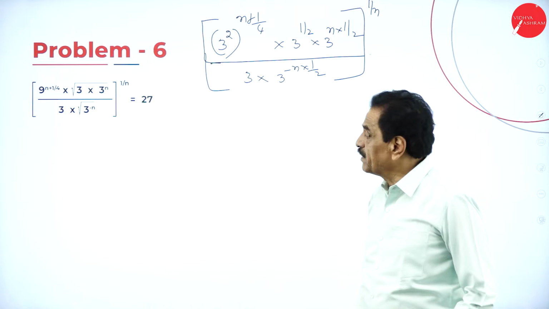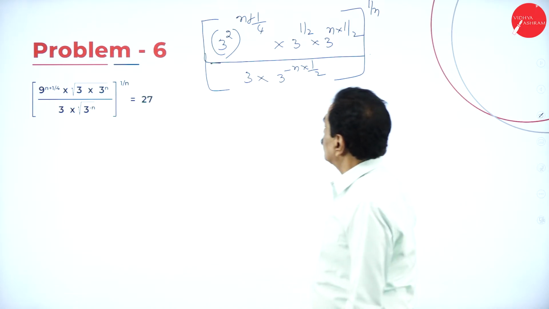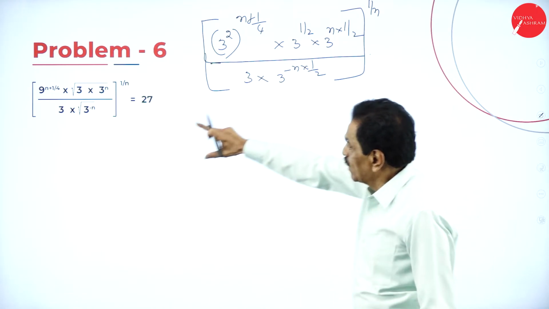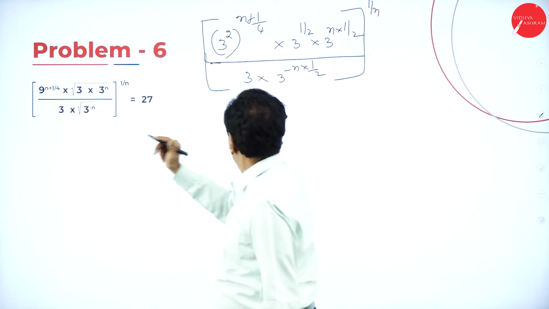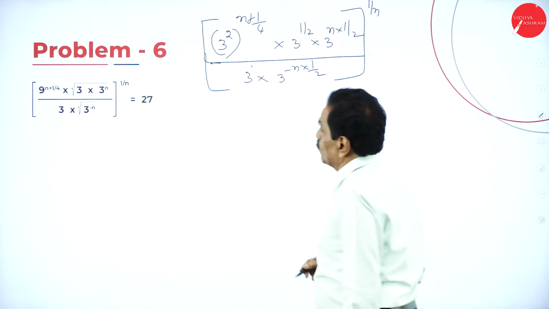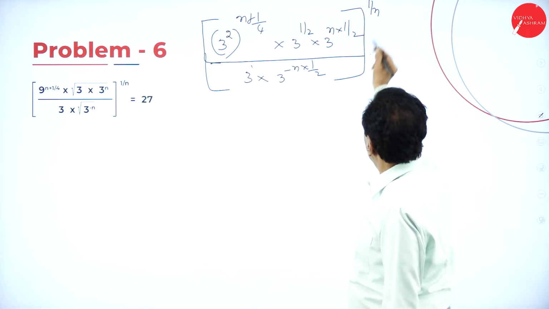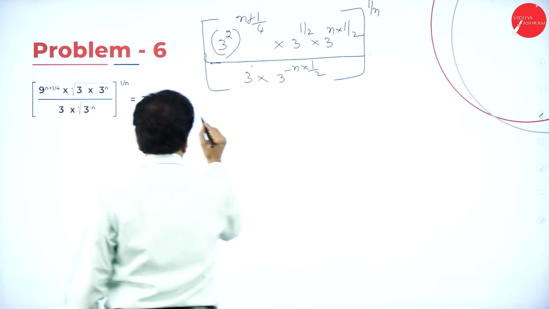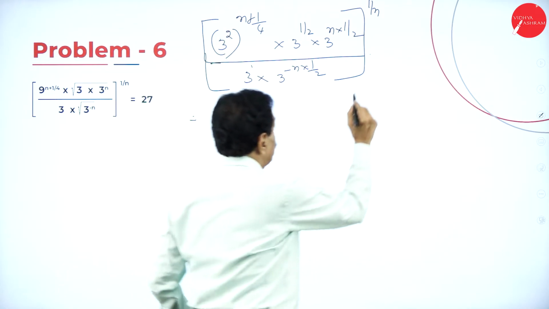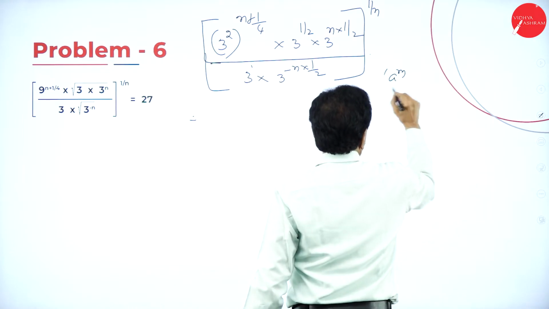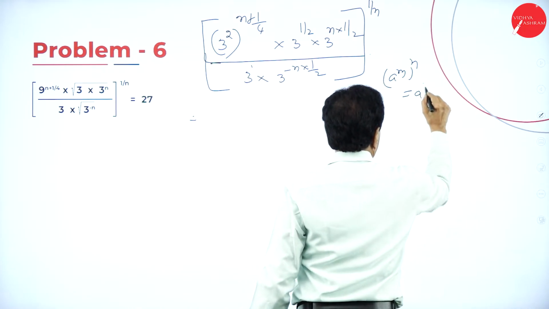I made the simplification. I have written 9 as 3 squared to the power of half, 3 to the power of half, 3 to the power of n divided by half, 3 to the power of 1. This is 3 to the power of n divided by half, whole to the power of 1 by n. This is nothing but a to the power of m, to the power of n.